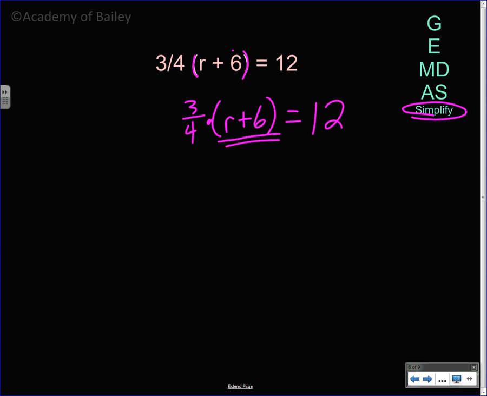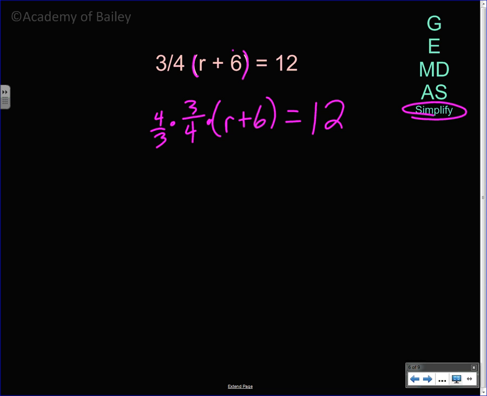the variable. How can we get rid of this 3/4 outside? Well, you get rid of 3/4 by I guess dividing by 3/4. But remember, dividing fractions means you multiply by the reciprocal. So let's go ahead and multiply by the reciprocal, 4/3.